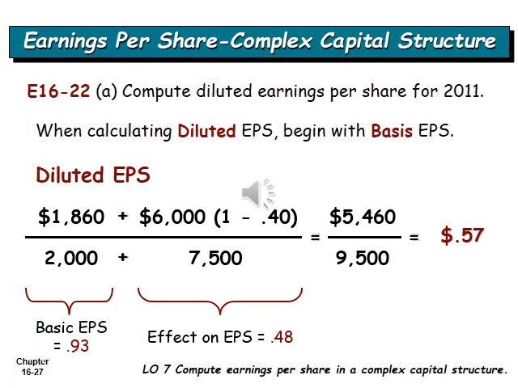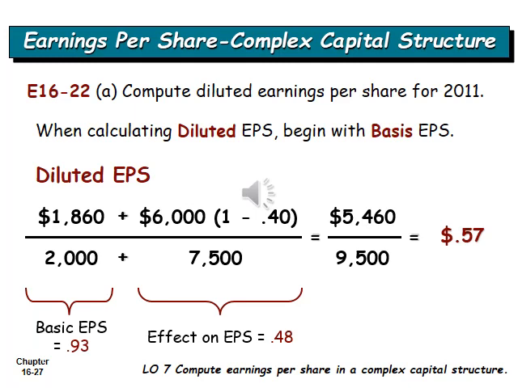Now we have to determine the diluted earning per share. For the diluted earning per share, we will take the equation for the basic earning per share, and see the effect of converting the bonds into common stock. So the net income will increase by eliminating the effect of interest.